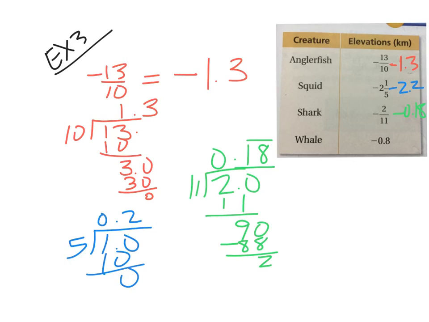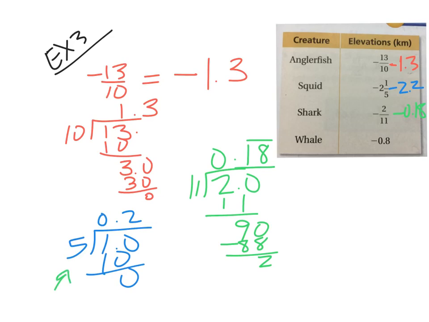Okay, everybody got those in your journal? I will wait a second. I'm confused on the squid. We knew the 2 is a whole number, so I just went ahead and wrote negative 2. So we divided 5 into 1, and that's where we got 0.2.